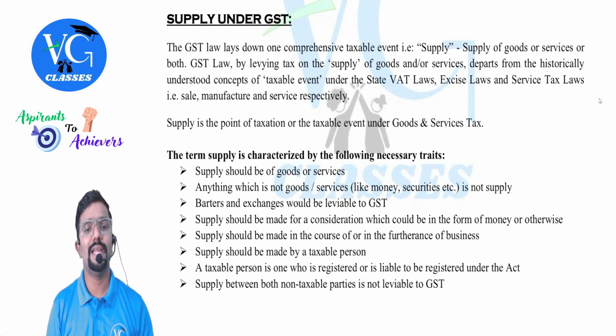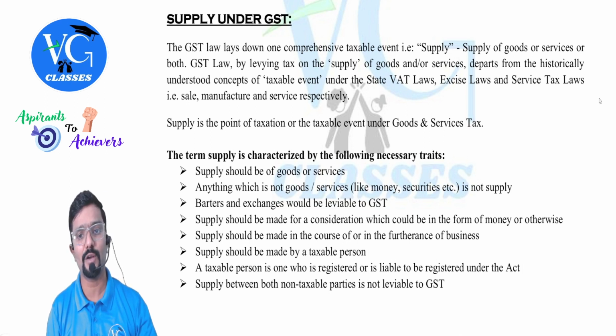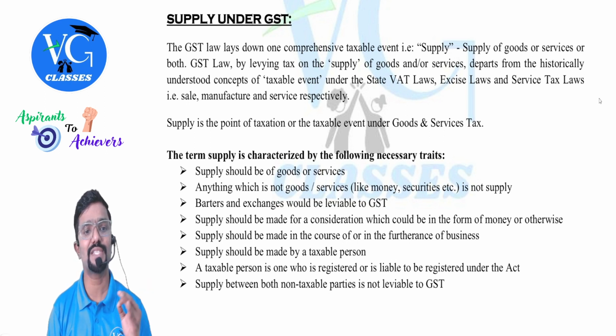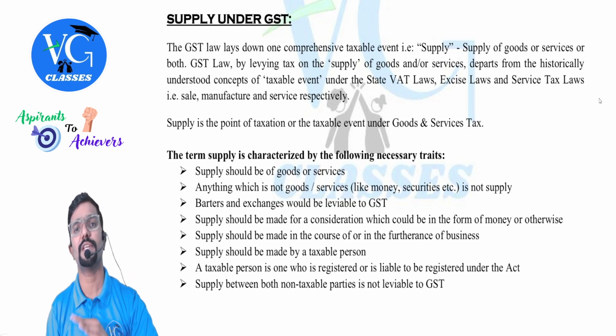The GST law lays down one comprehensive taxable event, which is supply. Supply of goods or services or both. GST law, by levying tax on the supply of goods and or services, departs from the historically understood concepts of taxable event under the state VAT laws, excise laws, and service tax laws. That is, sale, manufacture, and service respectively.